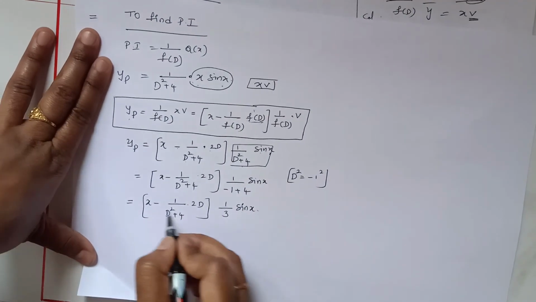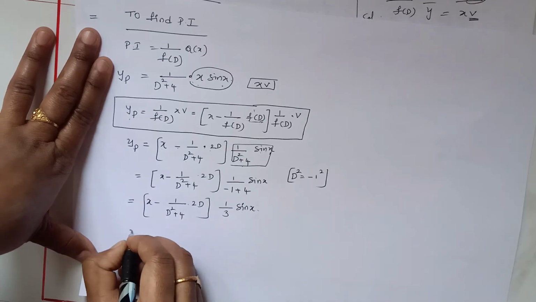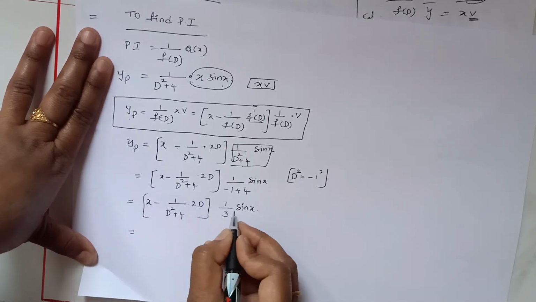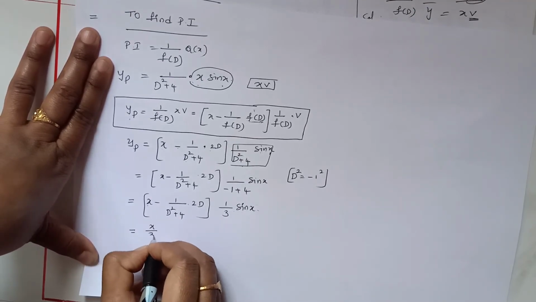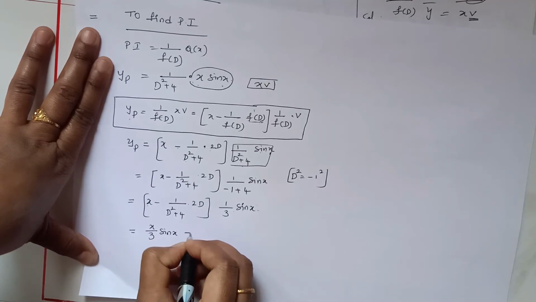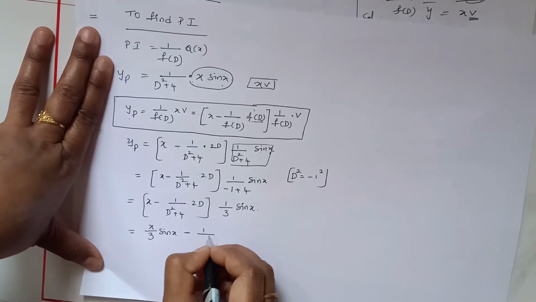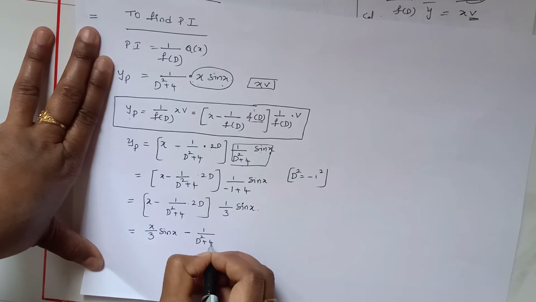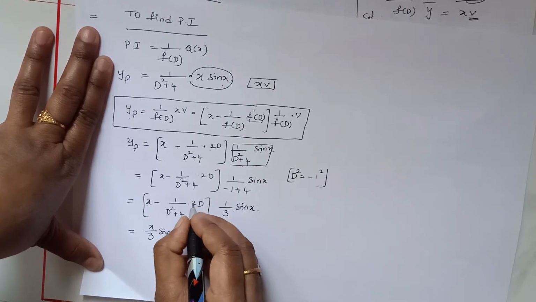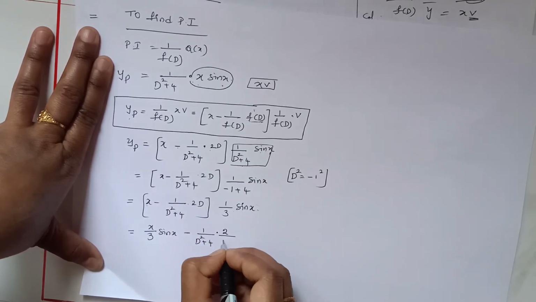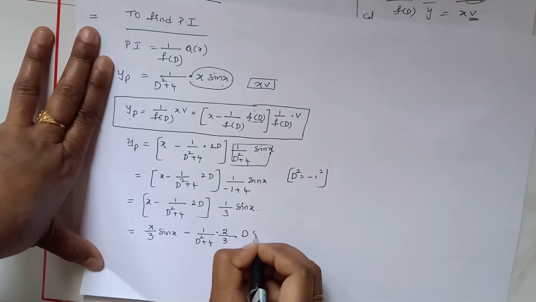Now multiply with 1 by 3 sin x. This is equal to x into 1 by 3 sin x, that is x by 3 sin x, minus 1 by d square plus 4 into 2d into 1 by 3, that is 2 by 3 into d sin x.